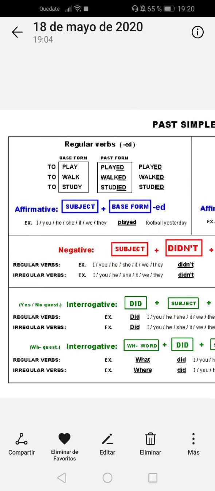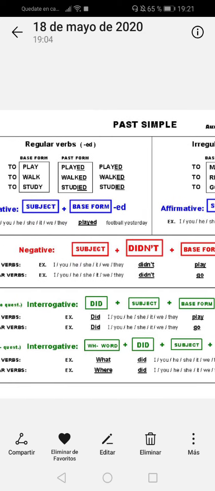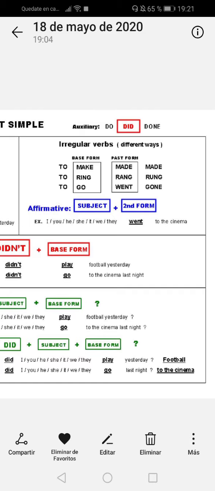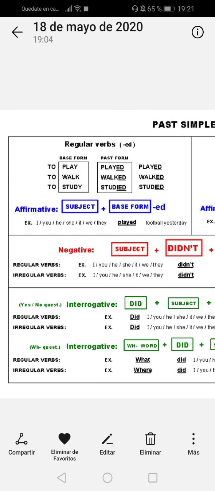When we say where, for example, it refers to a place, so we answer with a place. To the cinema. That is the difference between the yes/no question and the WH or information question.